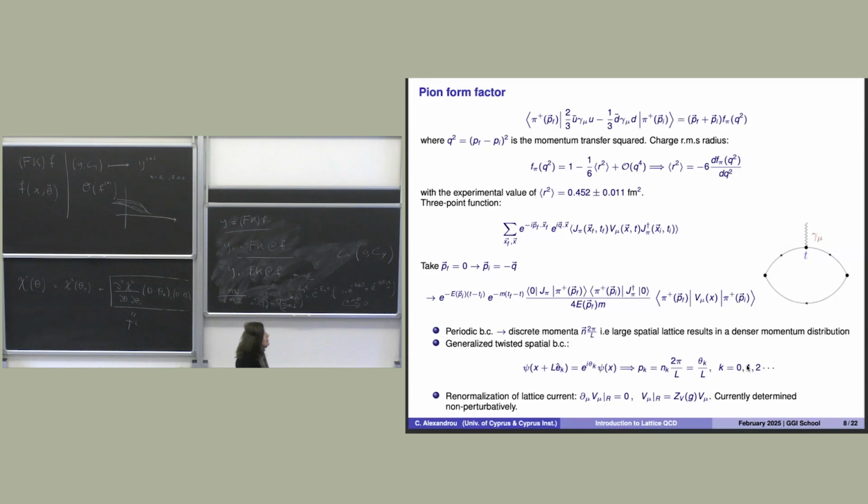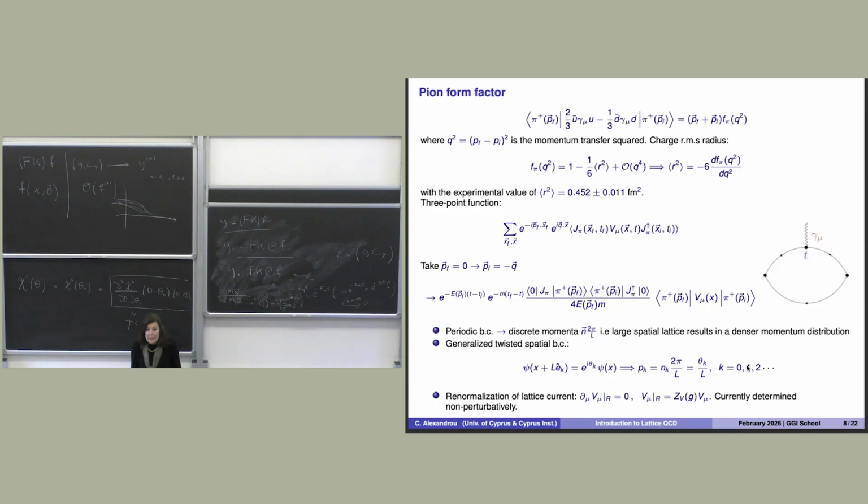I'm not going to describe it, but this is what we do. We change the boundary condition, instead of e to the 2 pi L, to having a general theta. So we have different momenta on the lattice, and we can probe lower momenta if we want to.